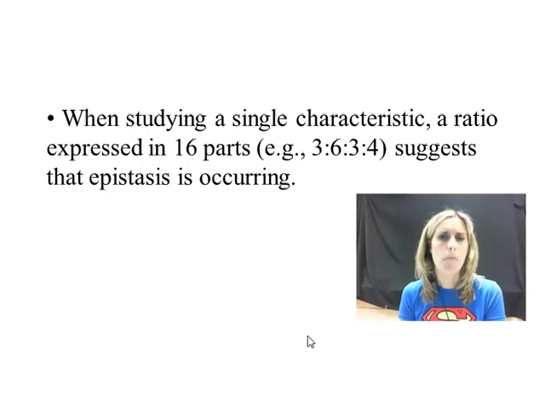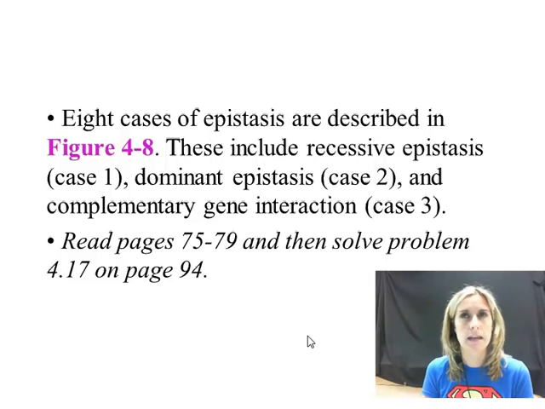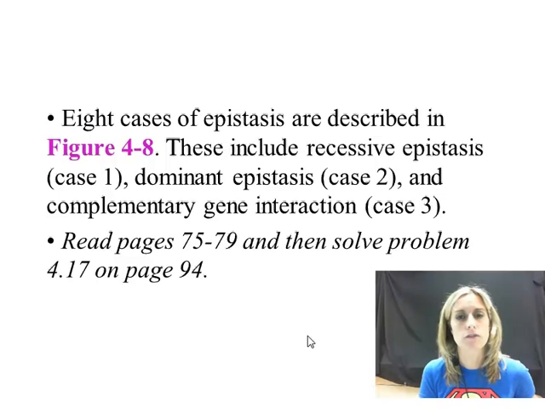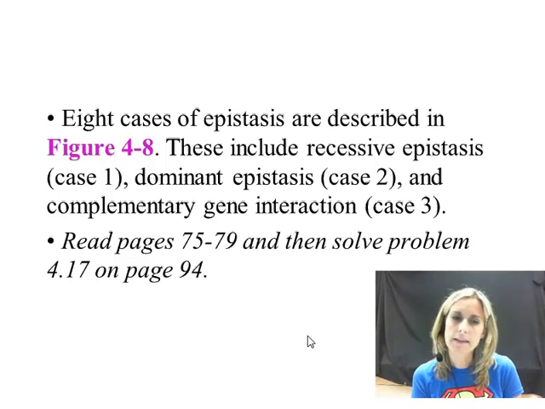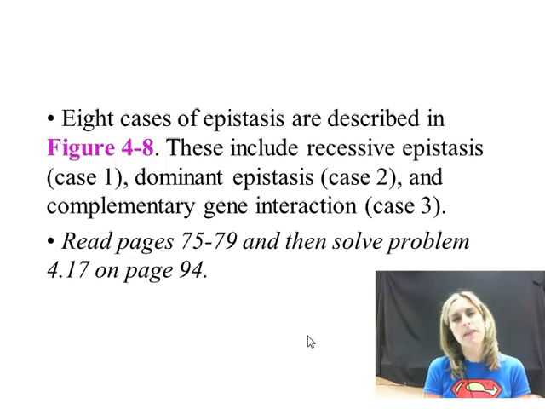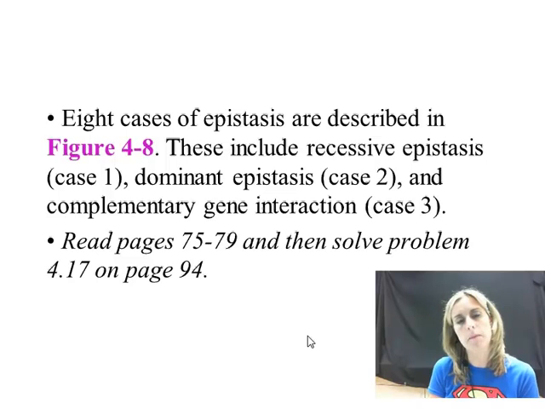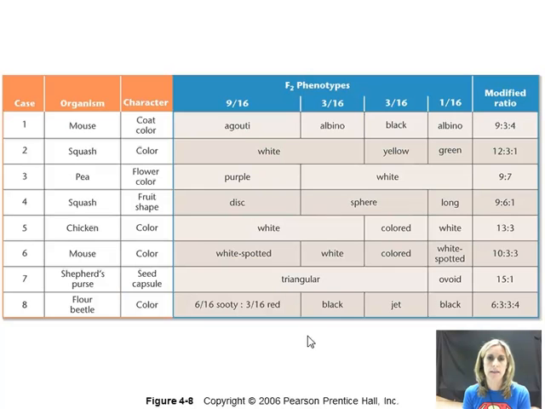Now, there are a bunch of cases like this that will help you see different examples of epistasis and different ratios that show up. I would like you to take the time to look at those cases and read pages 75 through 79, and then try to solve problem 4-17 on page 94. When you're looking at these cases, I think you'll find figure 4-8 really useful.